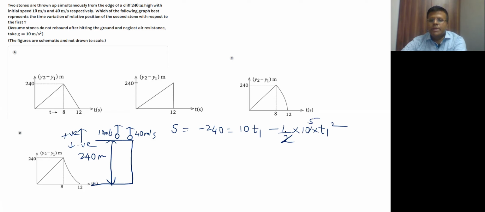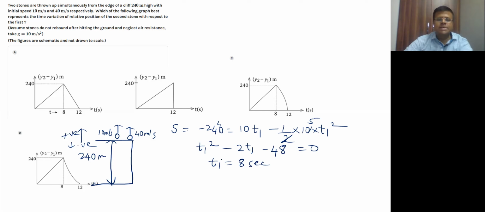So this is going to be 5 t1 square, or I can write this as t1 square minus 2 t1 minus 5 fours are 20, and this is 8. This is equal to 0. So the roots of this equation, you will be getting this t1 as 8 seconds. Okay, so the positive value will be 8 seconds here. So t1 equal to 8 seconds, we have found out.